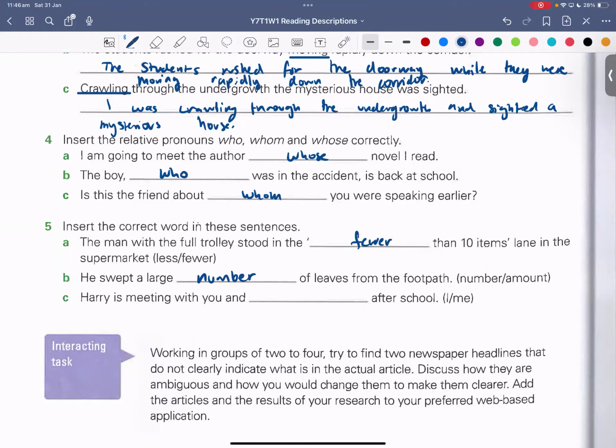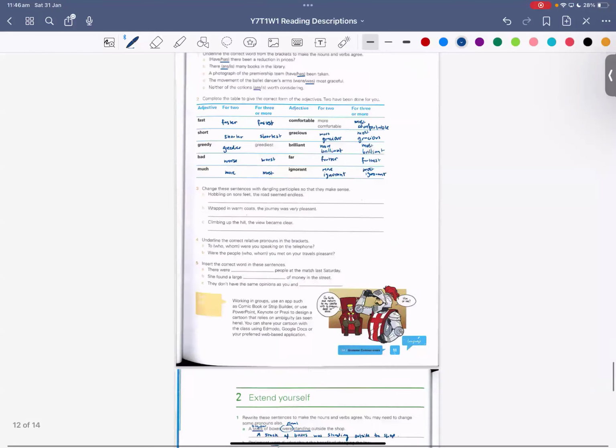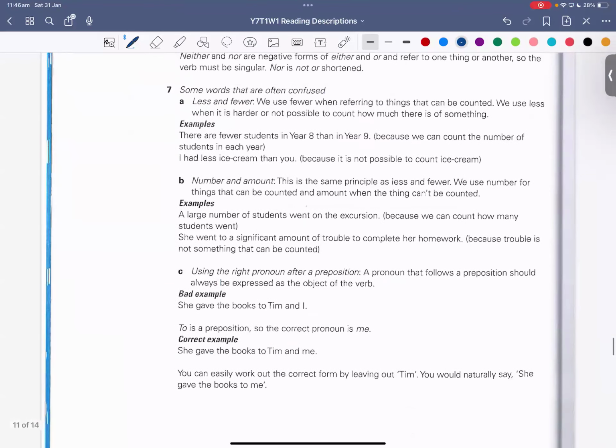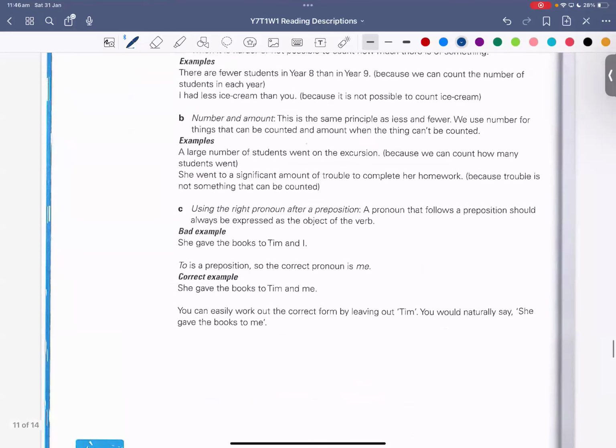Harry's meeting with you and I after school, or you and me? Me. Can anyone tell me where this comes across in the rules that we had? It's me. So we have bad example and good example.